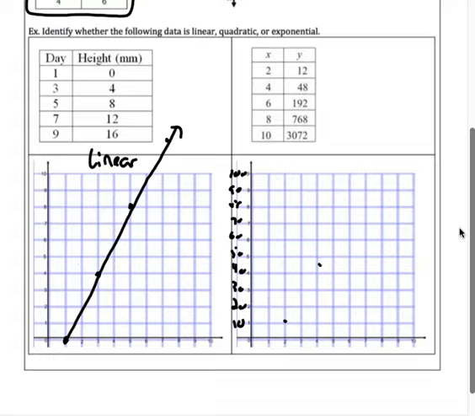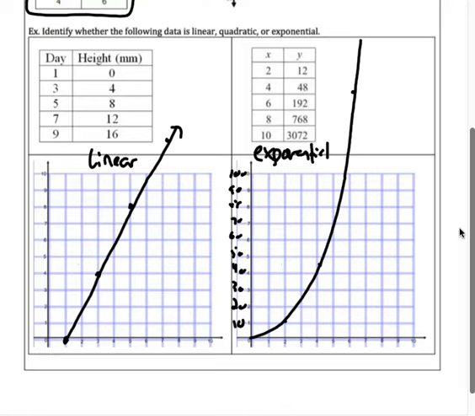Now I go to 6, and that's way up here at 192. So right away, even again, just looking at a couple, notice that's not going to give you a straight line, okay? So again, it doesn't have to be a perfect graph. Just sketch me what's going on. But you can see right away that those are definitely not forming a straight line. And notice it is consistently going up though, making this exponential.